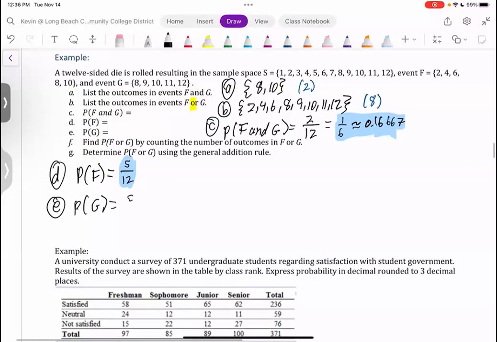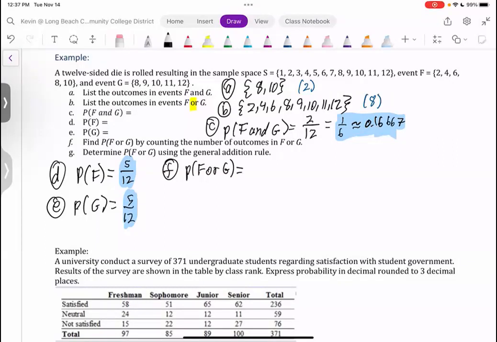Again, there are 5 elements in G as well. Parts F and part G should yield the same answer. So part F. It says find probability of F or of G by counting.